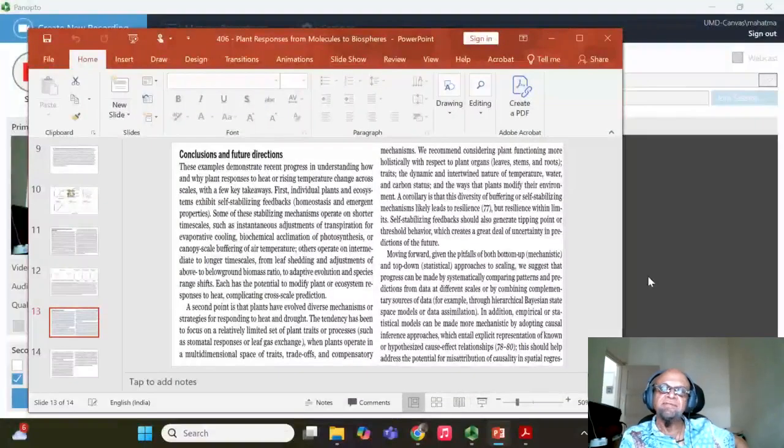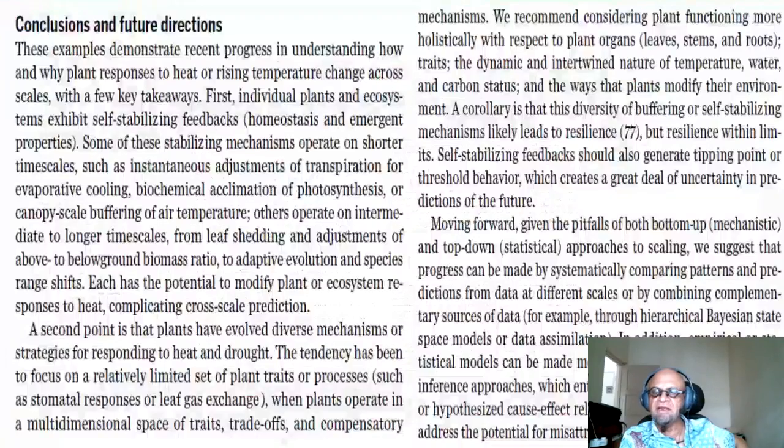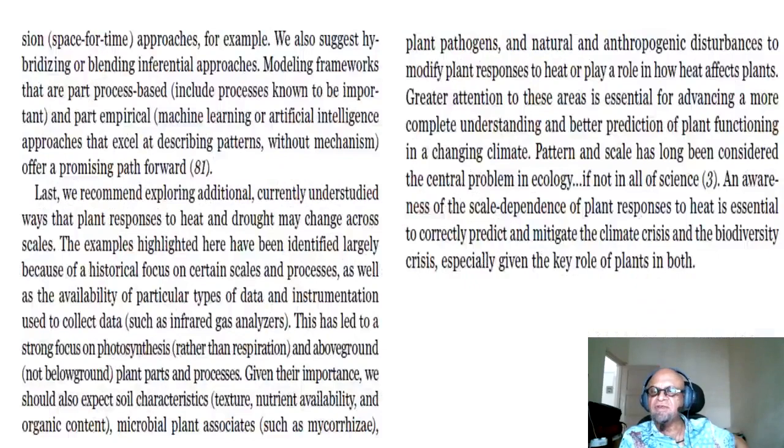Obviously, this is kind of an obvious statement that we need to worry about these things, but considering the heterogeneity of species distributions, ecosystem compositions, and the way ecosystems change in response to heat.